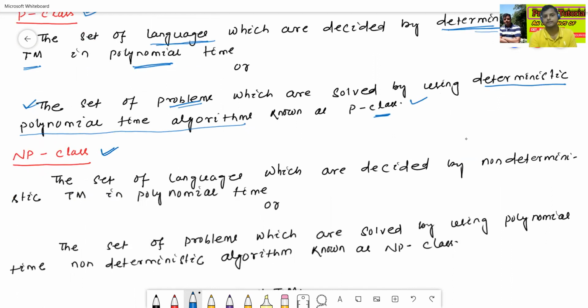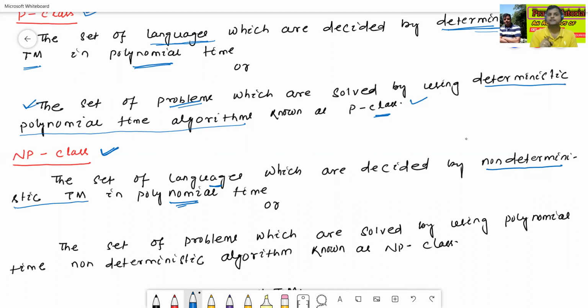The set of languages which are decided by a non-deterministic Turing machine in polynomial time is called NP class.